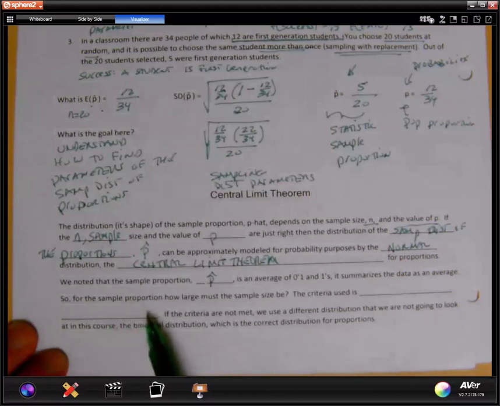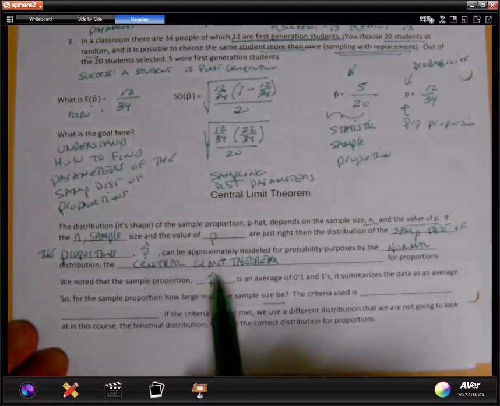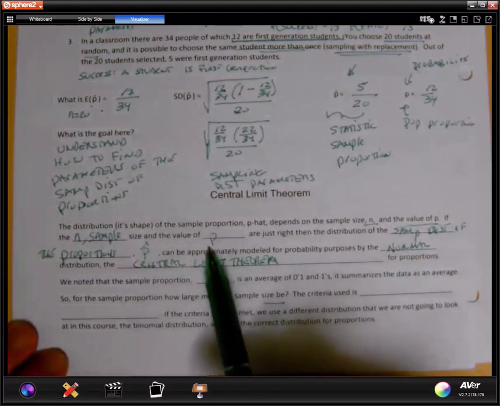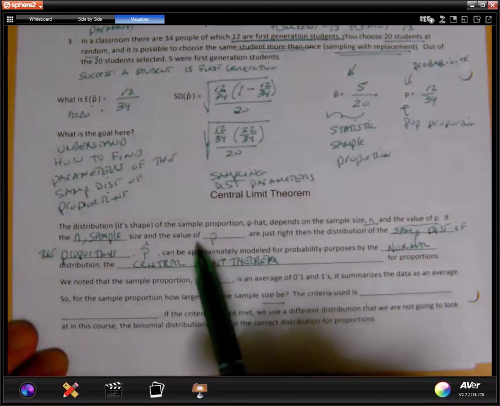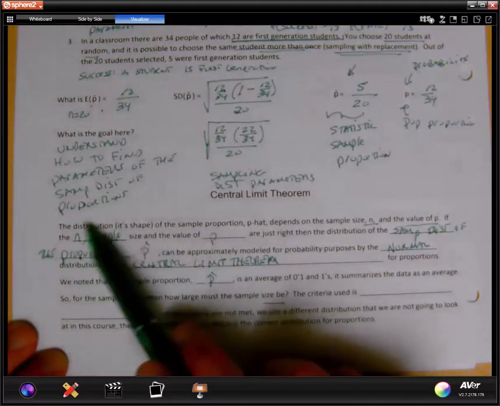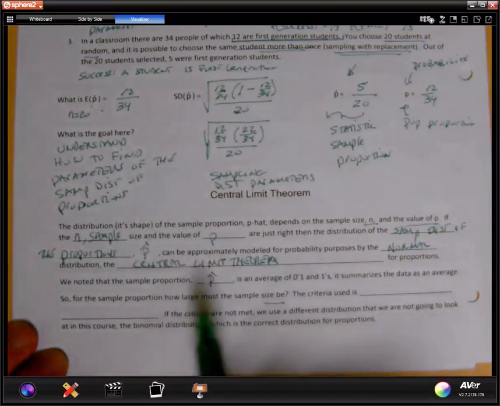So for the sample proportion, how large must the sample size be? Again, we said that p and n have to be just right. It turns out that the closer p is to 0.5, the better. The closer it gets to 0 or 1, the worse. Now, the sample size can overcome that, depending on where p is located. So how big does the sample size need to be?